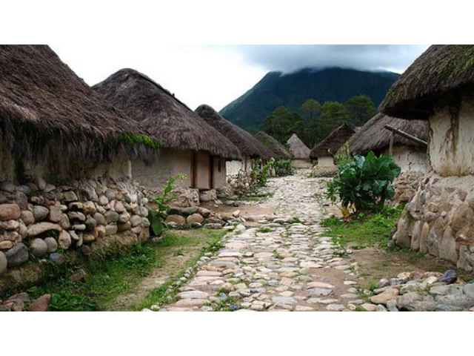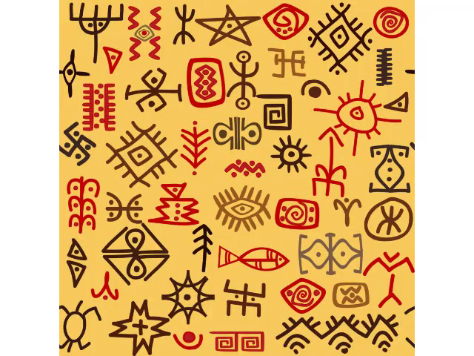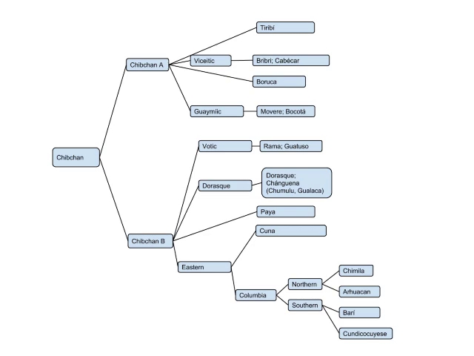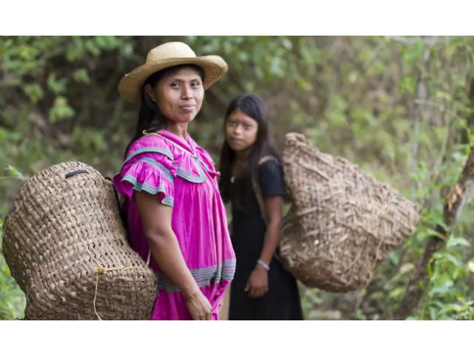Some words that come from Chibchan languages: Bogota was actually the name of a Chibchan language, which is also, as you know, the capital of Colombia. Overall, the family has around 300,000 speakers. The most notable languages include Guaymi, which is the biggest. Guaymi is spoken in Panama and a small part of Costa Rica.